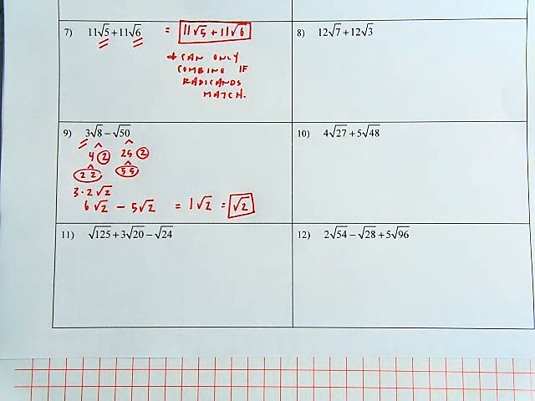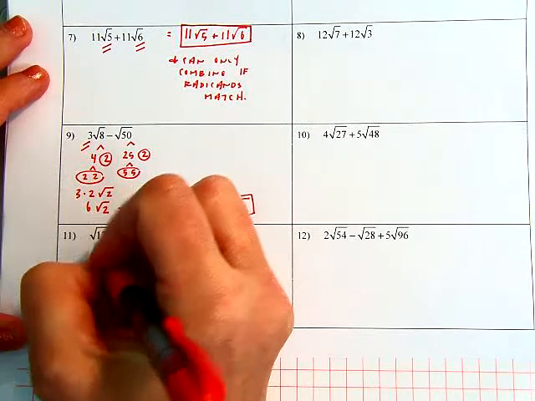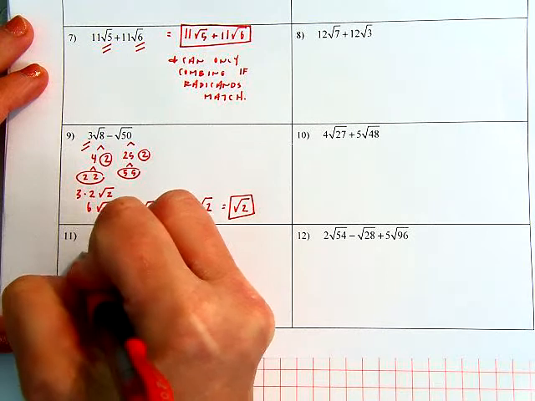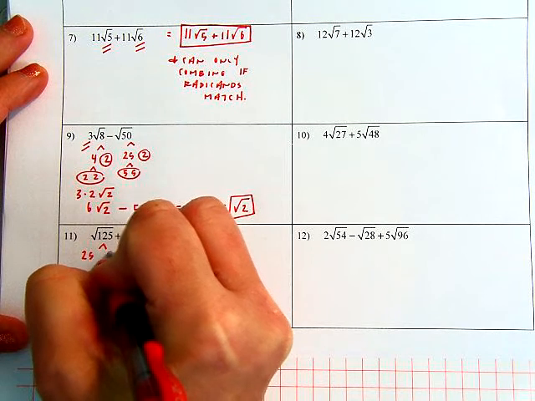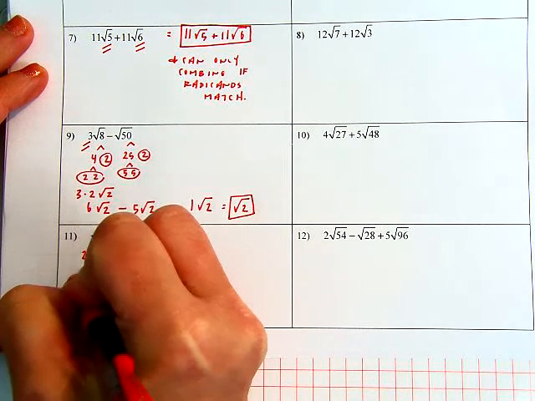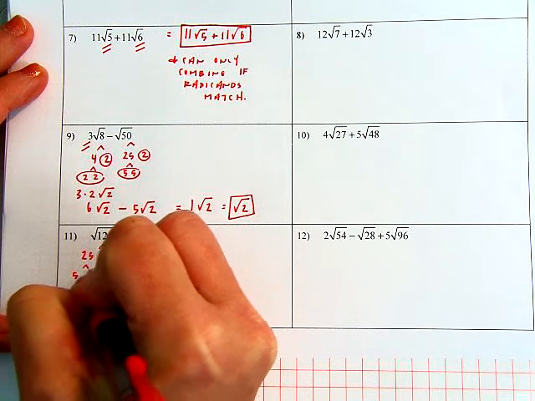All right, for problem 11, here again, first glance, I don't see any like terms. So I need to make sure that I simplify each individual piece to see if I can find common radicands. So if I look at that square root of 125, I know that that's 25 times 5. And that 25 will give me a pair of 5s.